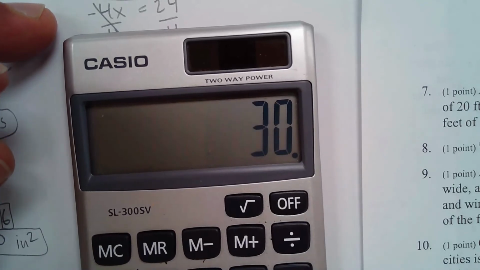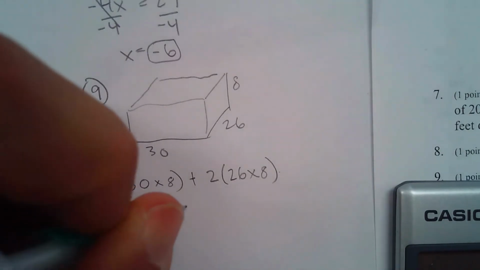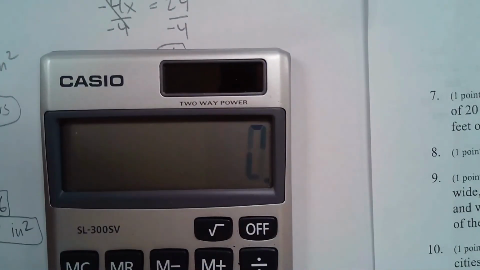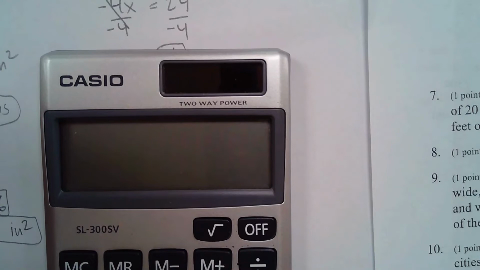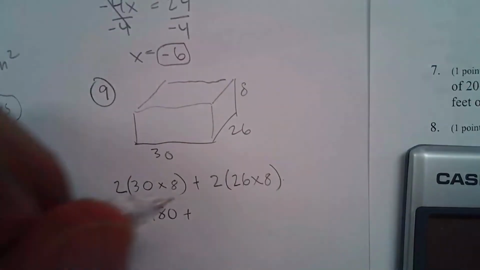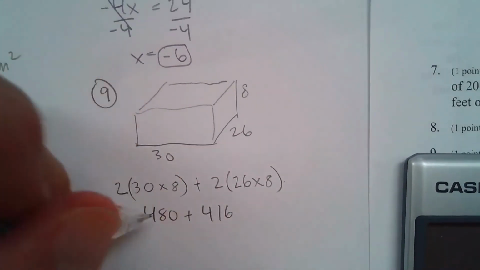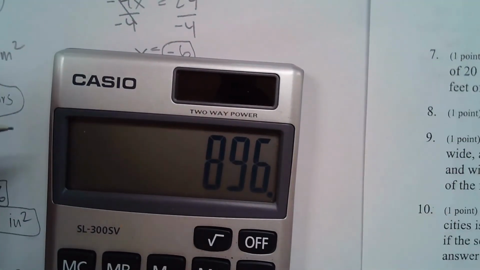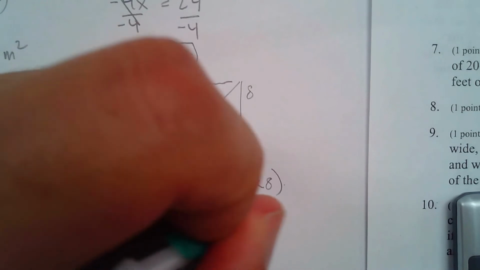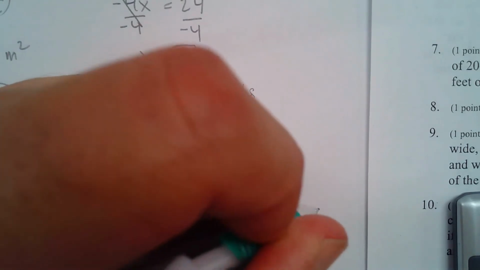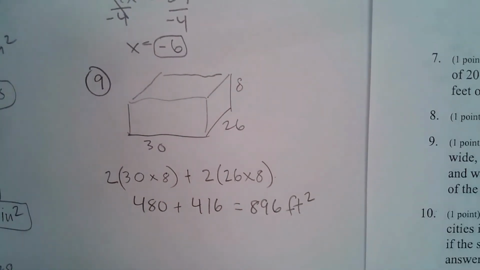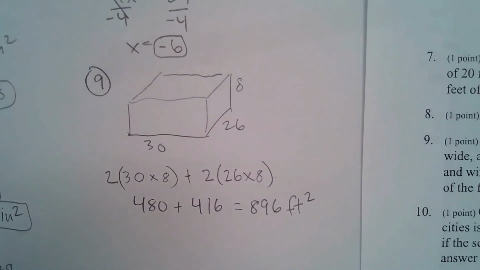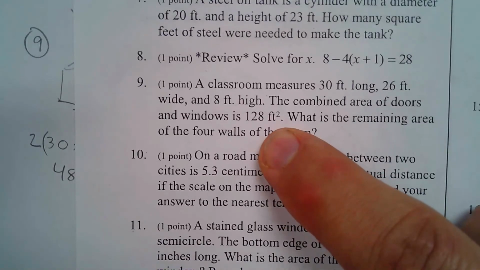2 times 30 times 8 is 480. So that's 480 plus 2 times 26 times 8, which is 416. 416 plus the 480, 896. 896 square feet, I think, yeah, but we have to subtract the 128 square feet.